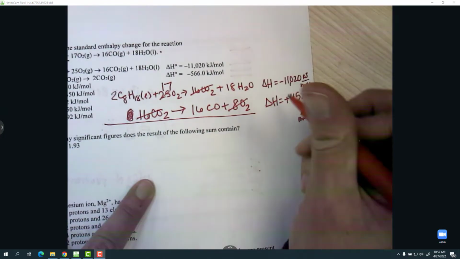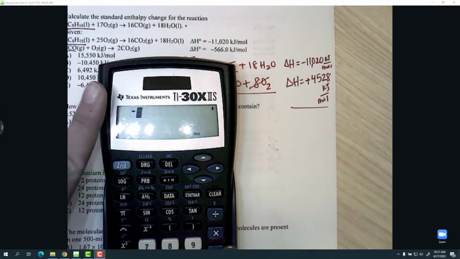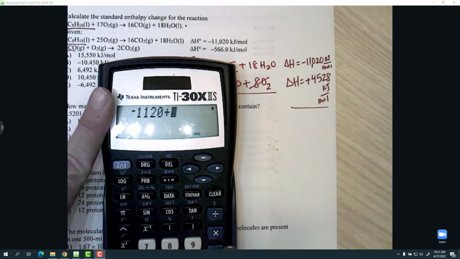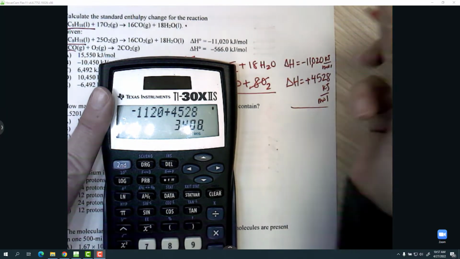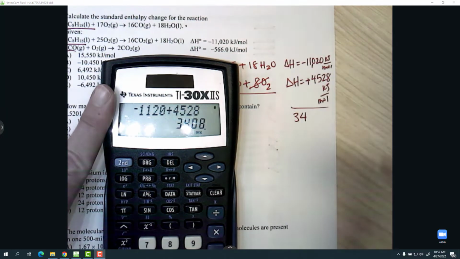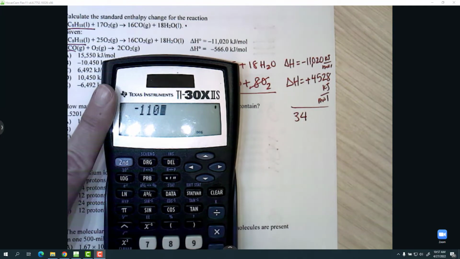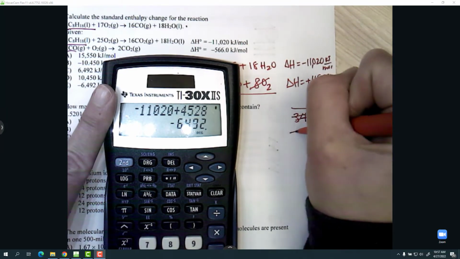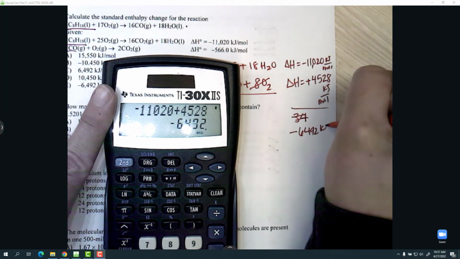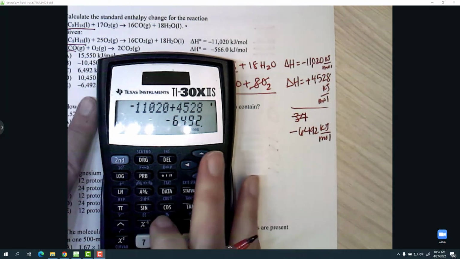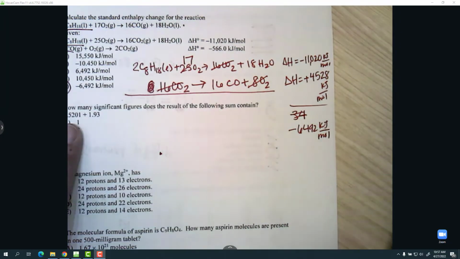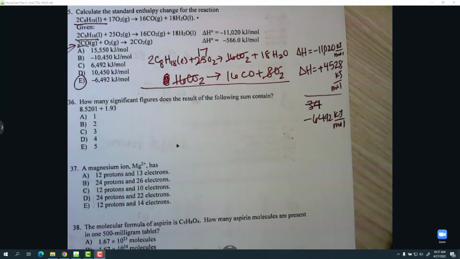Looks great, so then I just add this up. Oh, I missed a number, dang it. There we go. So negative 6492 kilojoules per mole.